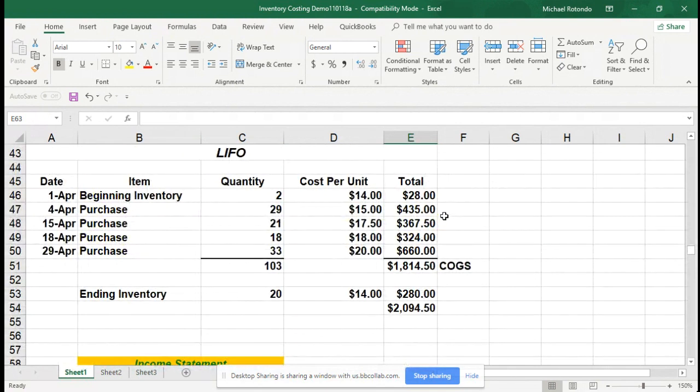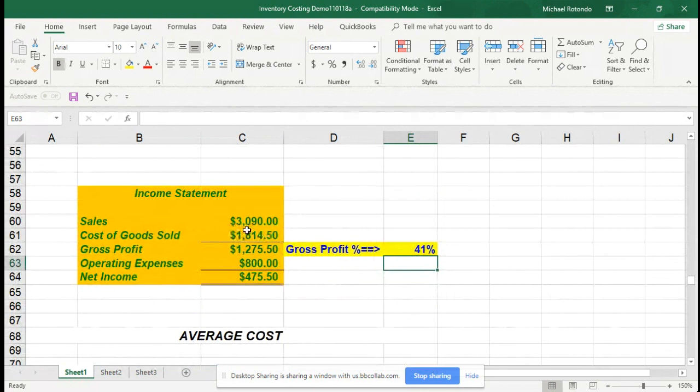So again, when prices are rising, you're always going to expect LIFO to have a higher cost of goods sold. So in the next video, we'll look at average cost, which is used primarily for companies that are selling or producing identical items. So thank you for your attention.